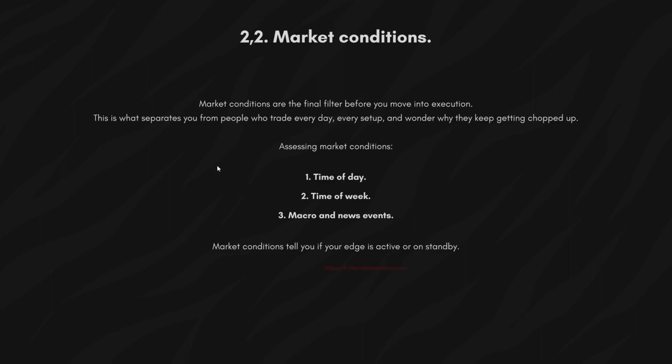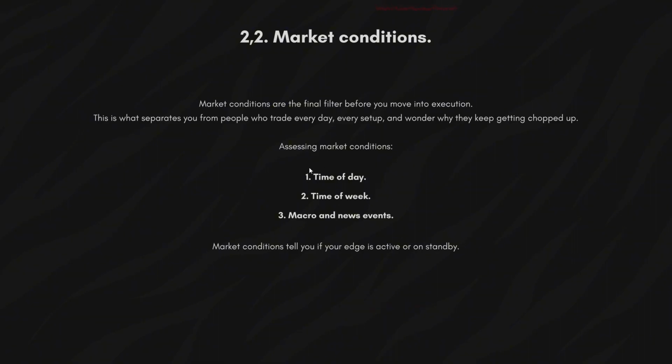What I mean is that you could have the best directional bias or the most perfect market context, but if you're not trading within the right market conditions, you're still going to lose. And to avoid that, you need to assess that the market conditions are also right.